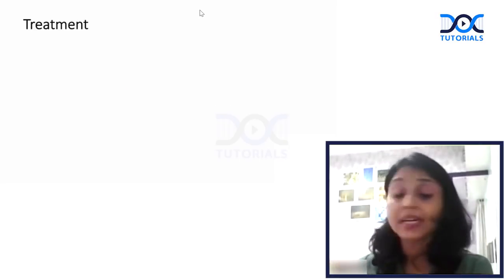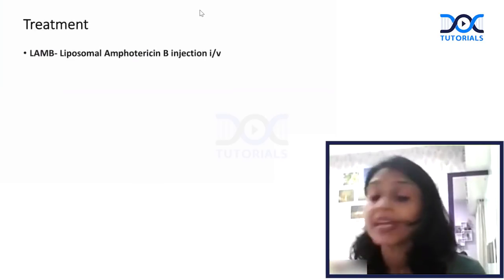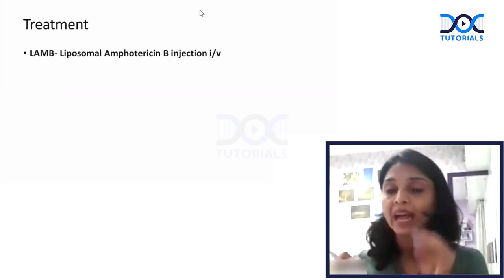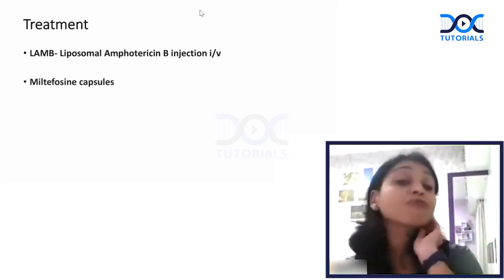So which treatment regimens do we have? One is liposomal amphotericin B injection, which is given IV. And in the program, we are giving one capsule starting with M, which is miltefosine capsule.